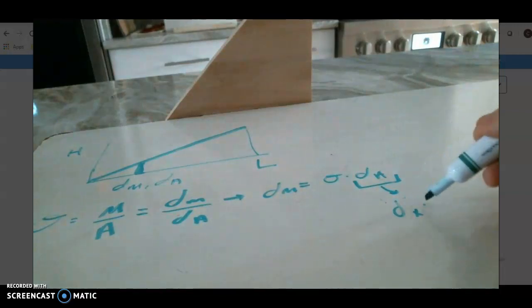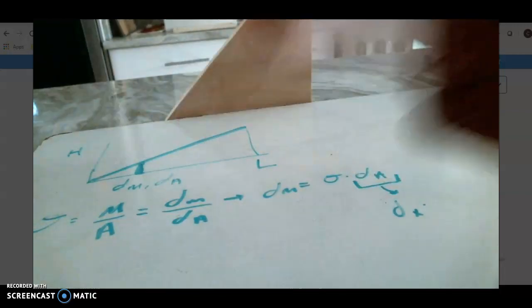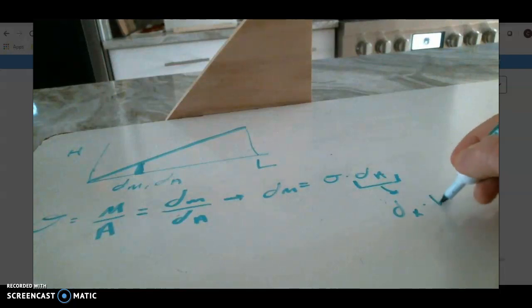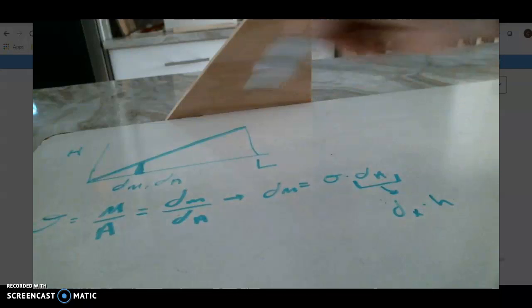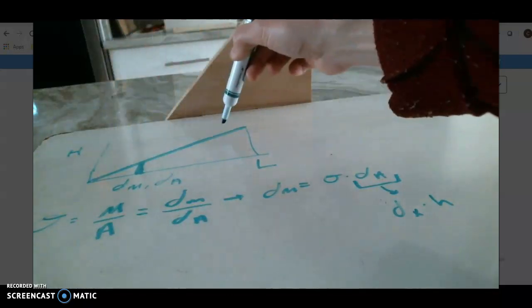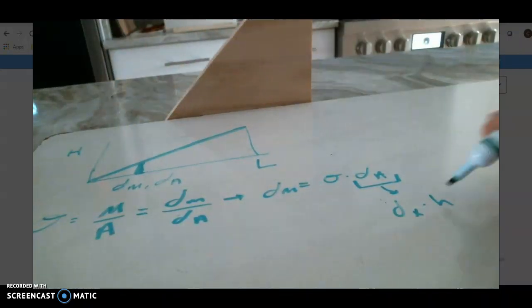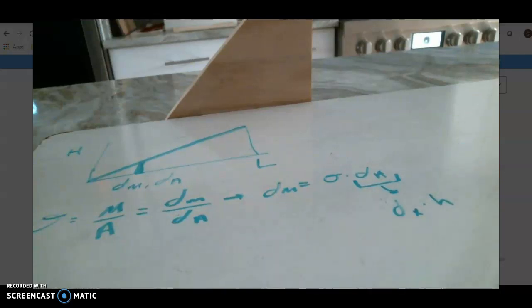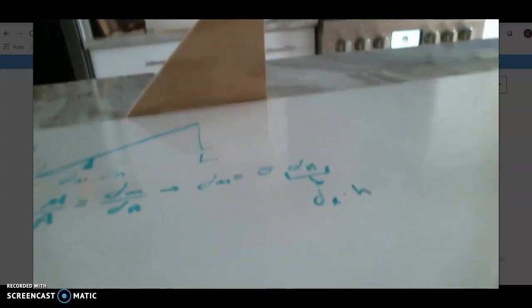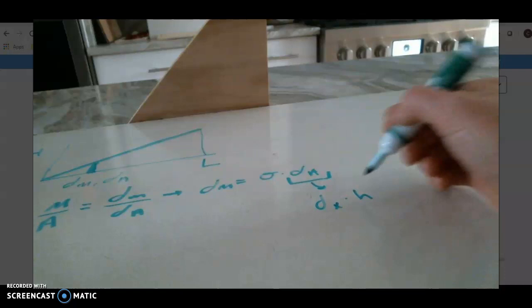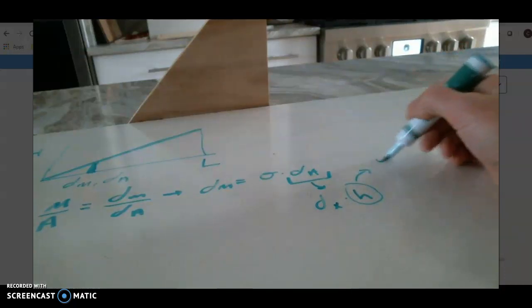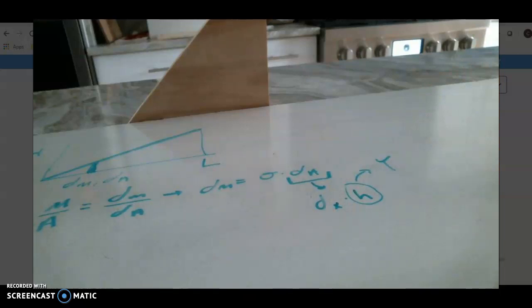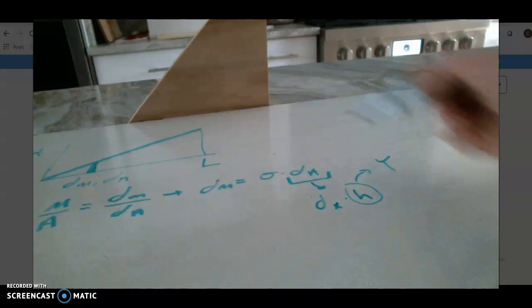And remember, it's that times a height, right? In the previous video, that height was a constant, wasn't it? It was just whatever it was, because it was a rectangle in the previous video. So now what I need to remind us is a height, the letter H, is nothing more than a Y, isn't it? So it's a differential thickness times a height.